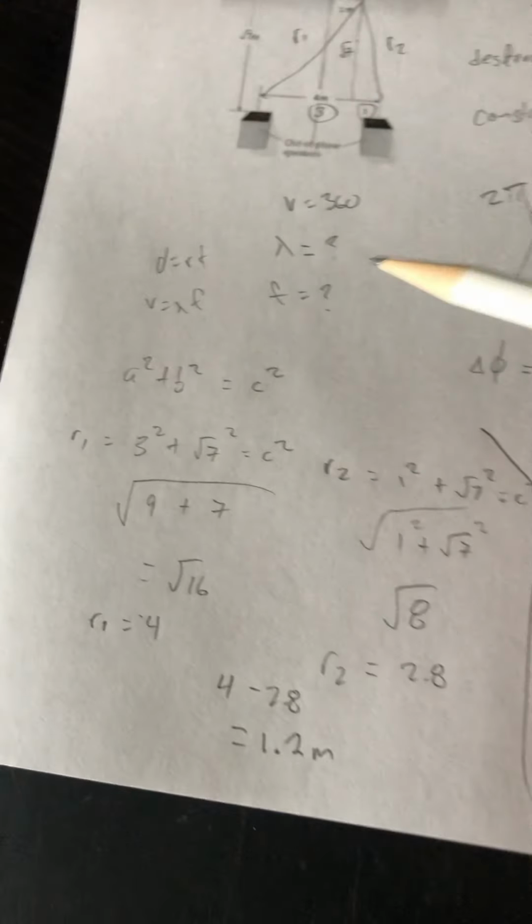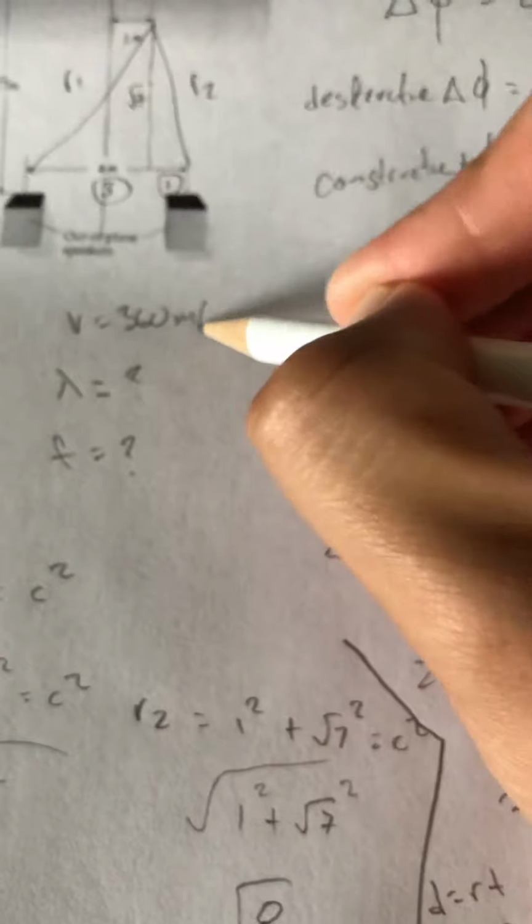V equals lambda times frequency, because we're looking for frequency. We finally have wavelength. So 2.4 F equals velocity, and we have our velocity of 360 meters per second.